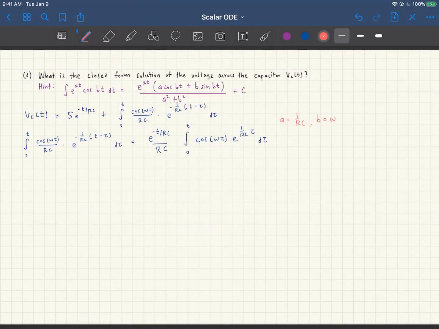Now we have an integral, but this is an indefinite integral with a plus c, and we have a definite integral from 0 to t.